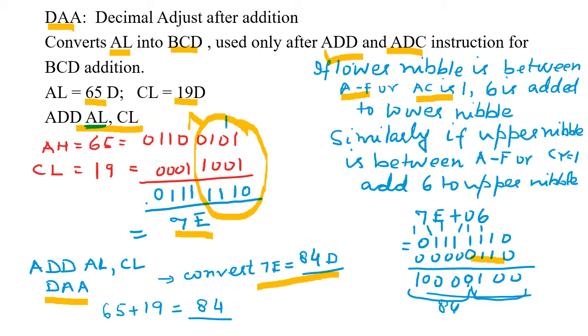Now similarly for the upper nibble, if the result is in between A and F, and final value of carry flag is 1, then 6 is added here. But here the answer is 7 and no carry flag is generated, so we add 0. When we add 7E plus 06, the result is 84. So it converts hexadecimal number to decimal number.